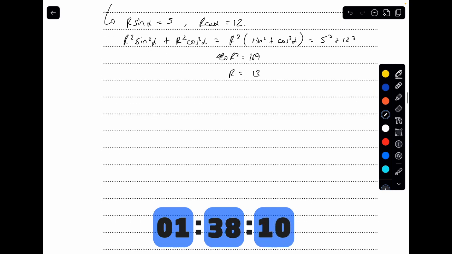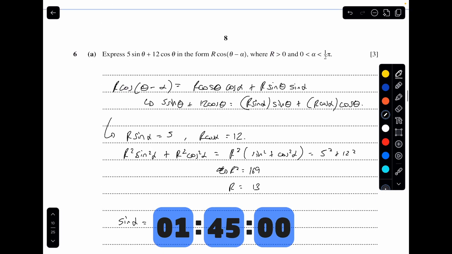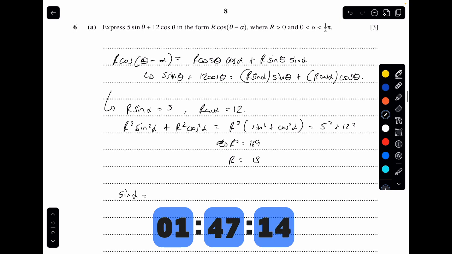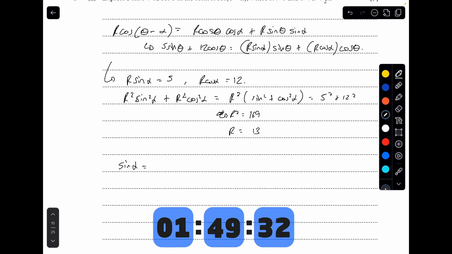So now sine alpha, okay, 1 minute 20 seconds. Sine alpha is equal to what? Well, sine alpha is equal to 5 over r, so 5 over 13.